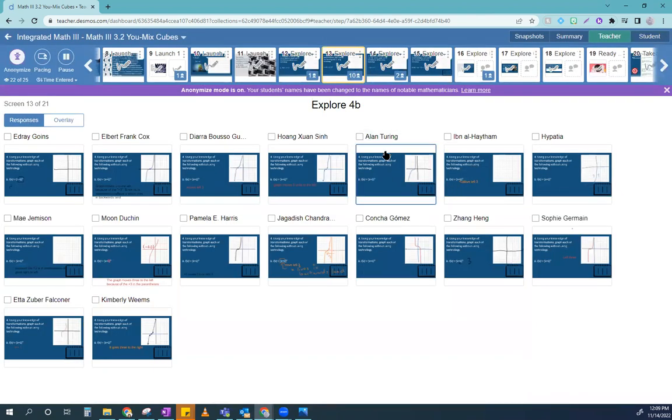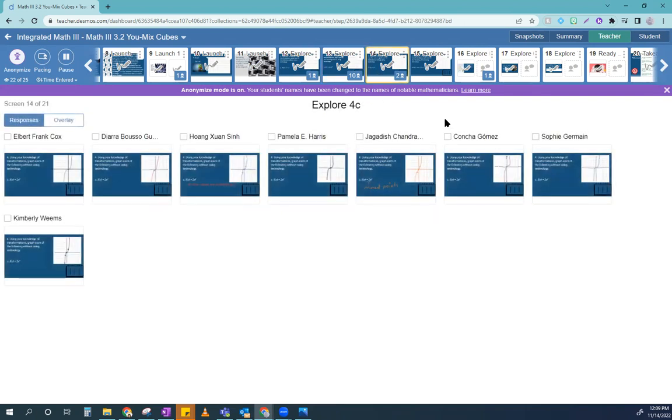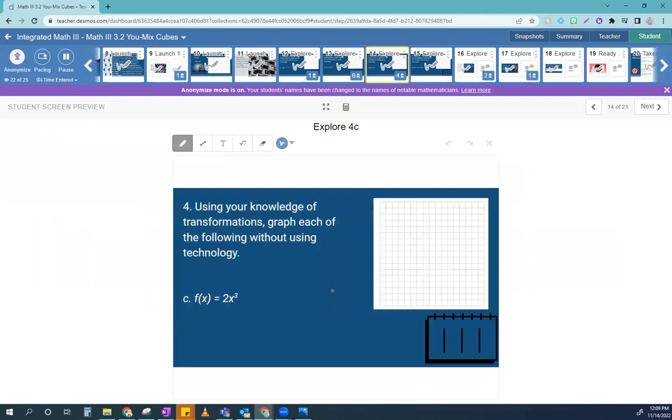So notice here, I didn't really have to teach you this. You're just kind of leaning on the idea of transformations. Technically something that I think you should have learned in Integrated 1, but if you didn't, we reminded you here, right? So it says now use your knowledge for this. What does this 2 do to my function? Anybody know what this 2 does?